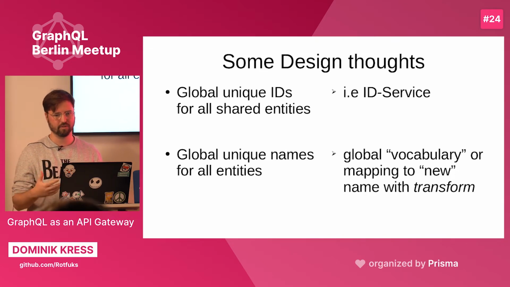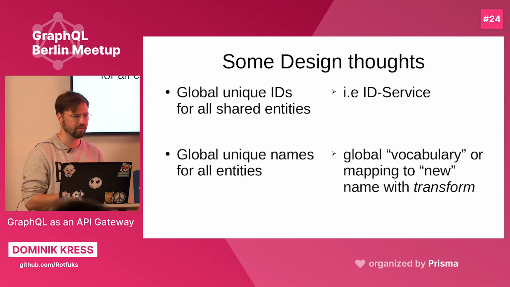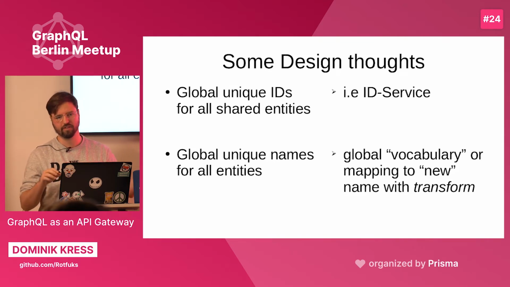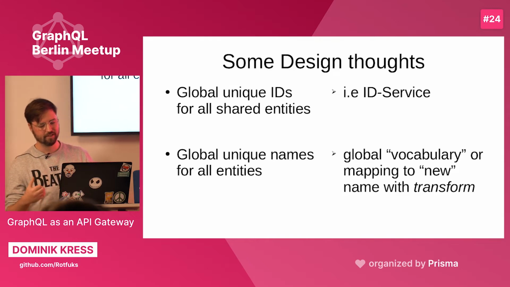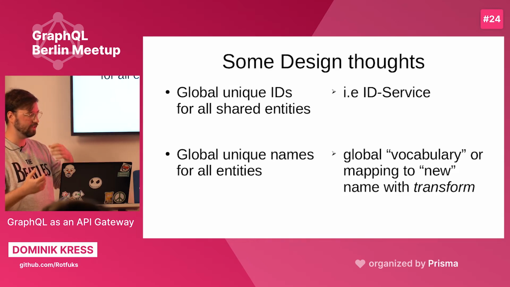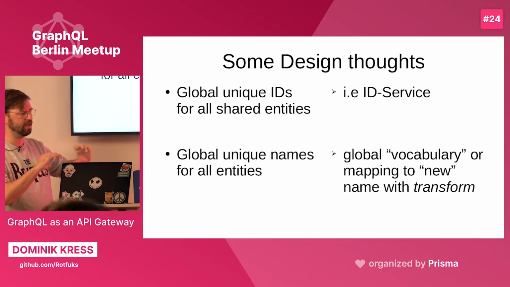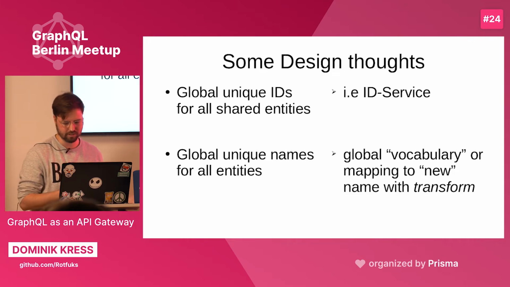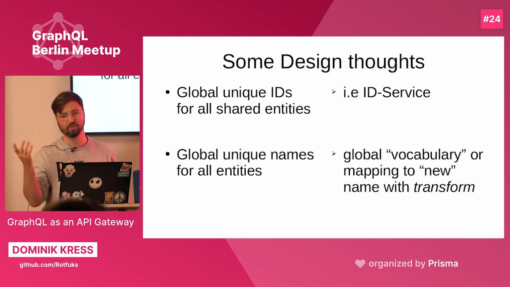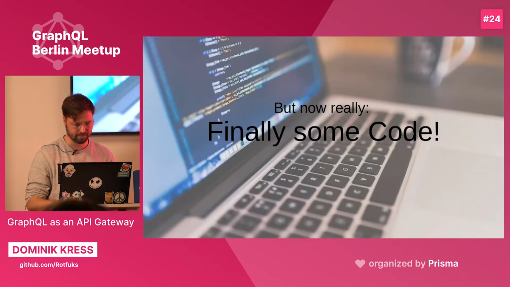There you can have a global vocabulary shared over your multiple teams to make sure that nobody duplicates their names, or you can have fixed prefixes, or you could also map your names on the layer of the API gateway with a function that is called transform. We will see that in our example because we have the problem with the customer account.